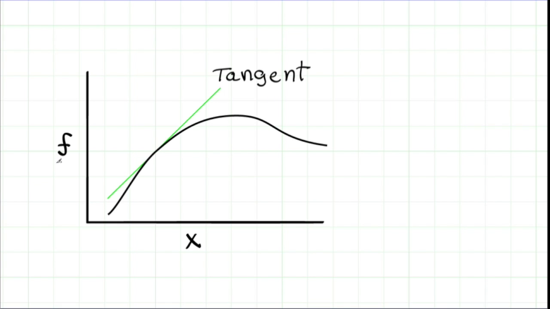The derivative of a function f with respect to x is often described as the slope of the tangent line at the point of interest. And this is really the same idea we've been working on, because if we calculate the slope, we're going to do rise over run. So let's get that set up.